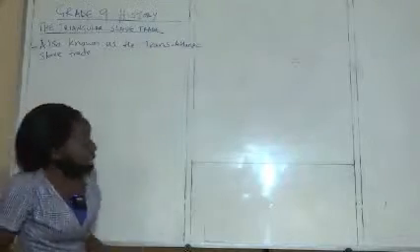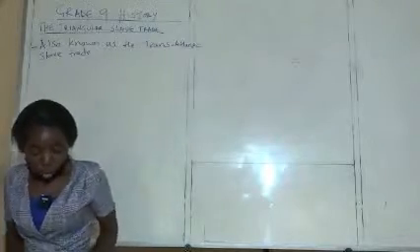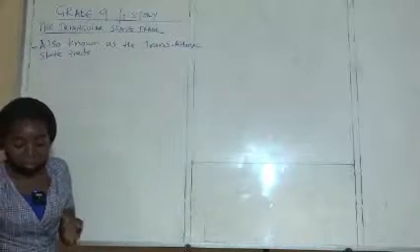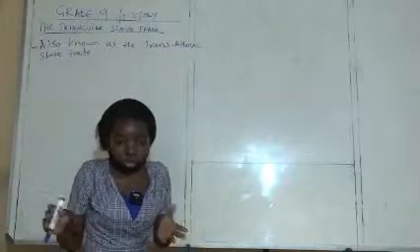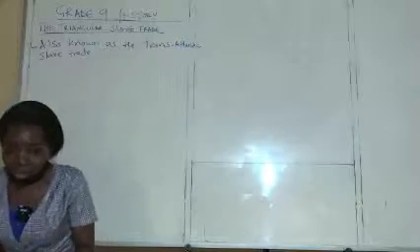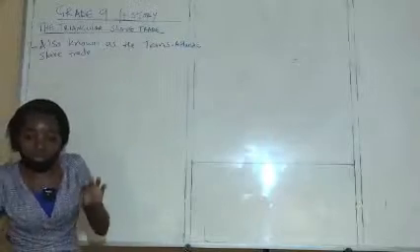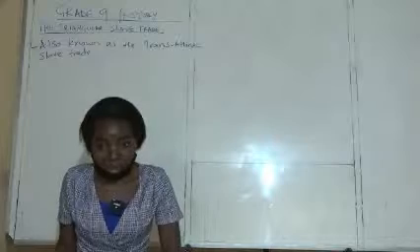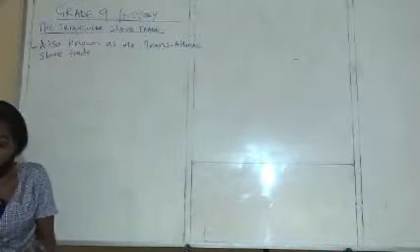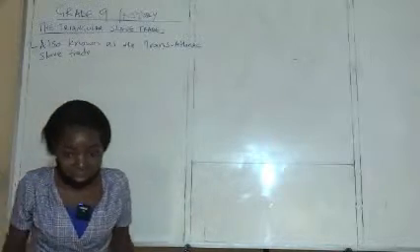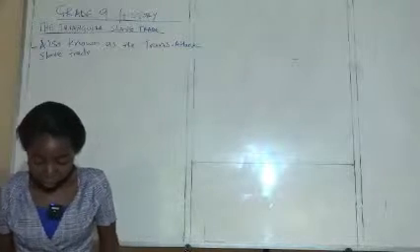The triangular slave trade was organized in 3 major stages, and it involved 3 continents. And these continents are Europe, Africa, and also America.